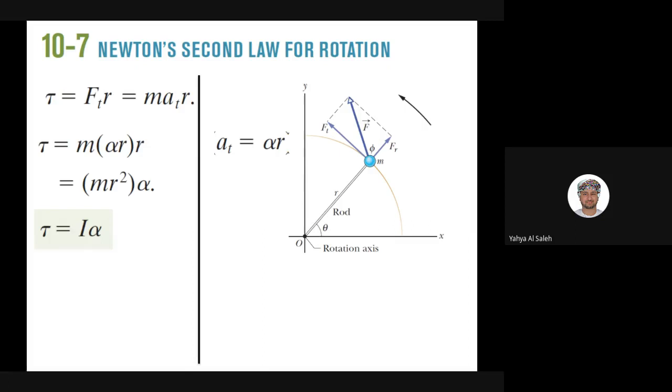So our torque is equal to I alpha, which makes sense because torque is the analog of force, I is the cousin of mass, and alpha is the cousin of acceleration a. So we have done one of our usual translations from one language to another. Torque net equals I alpha; F net for translation equals ma.